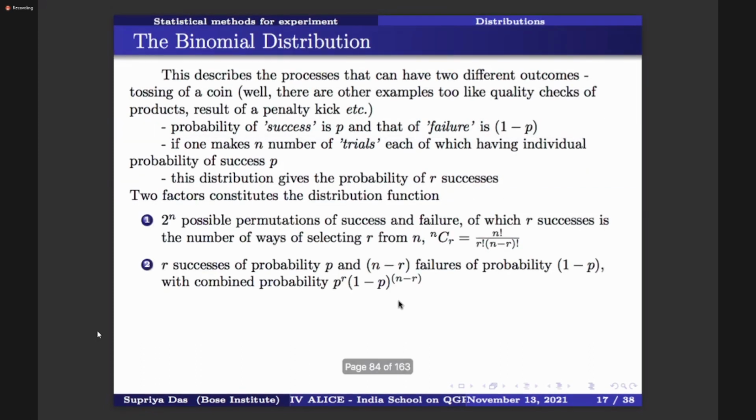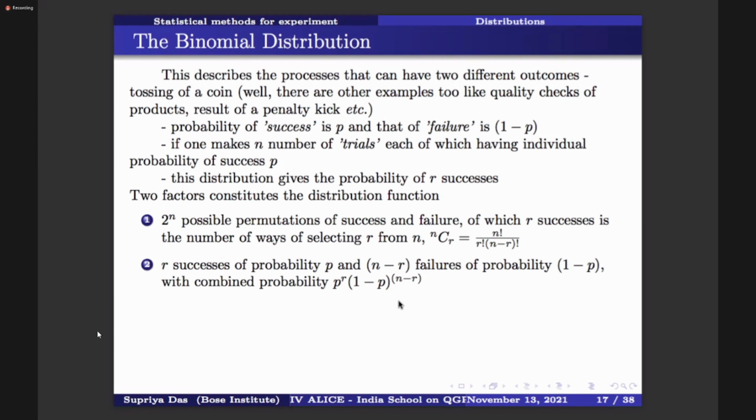How do you get to that? There are two factors which constitute the distribution function. The first one is 2 to the power n possible permutations of success and failure. You can have either success or failure, so 2.